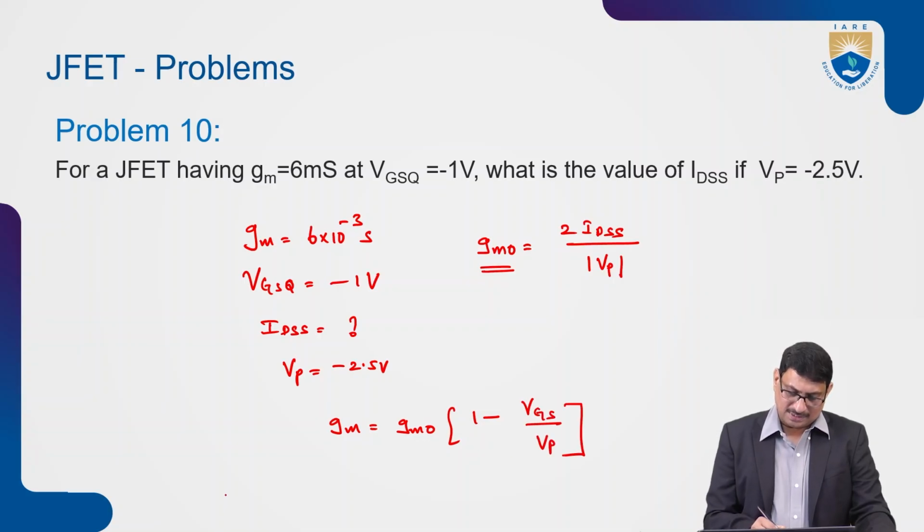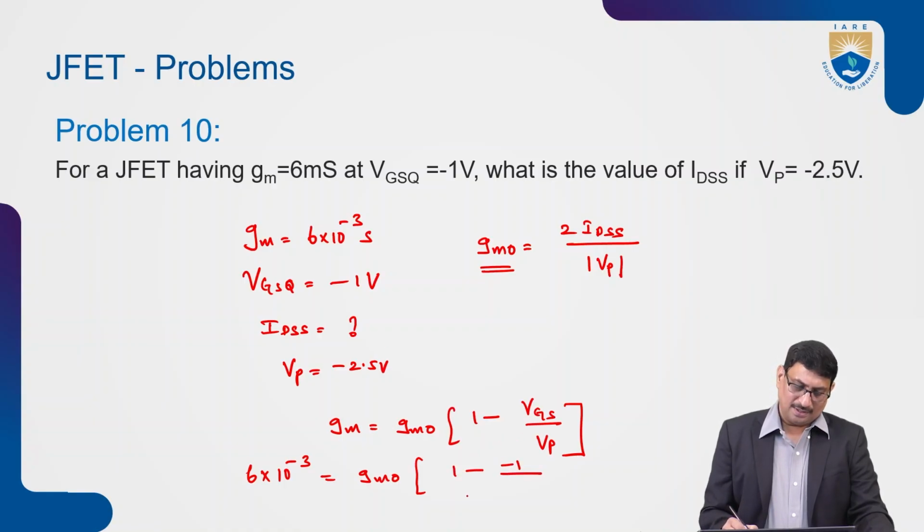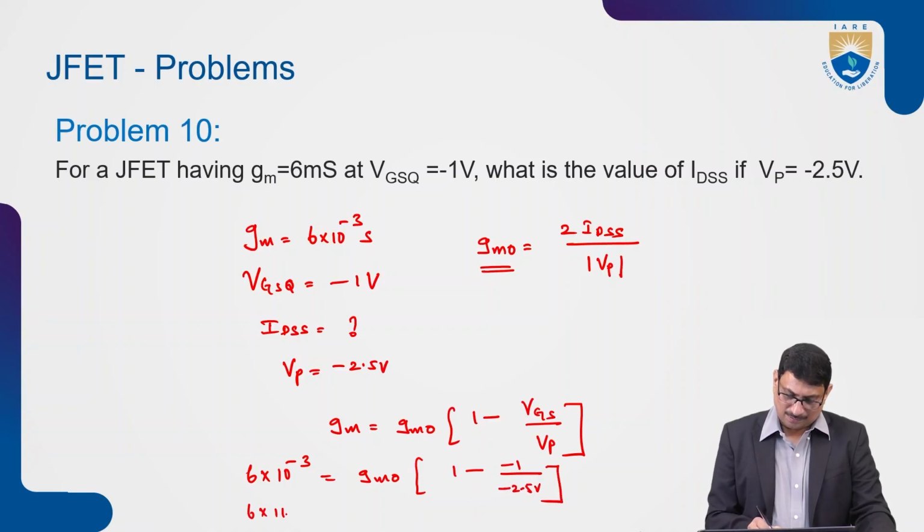From this, the gm is given as 6 into 10 power minus 3 Siemens, gm naught not known, VGS is minus 1 volt given, VP minus 2.5 volts is given. So 6 into 10 power minus 3 equal to gm naught into, the minus signs cancel, 2.5 minus 1, it is 1.5 divided by 2.5.